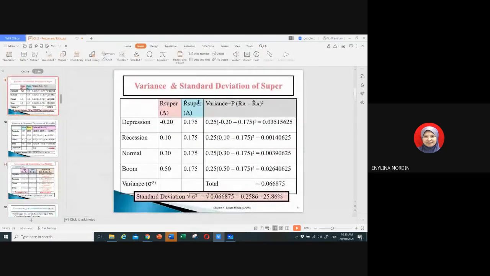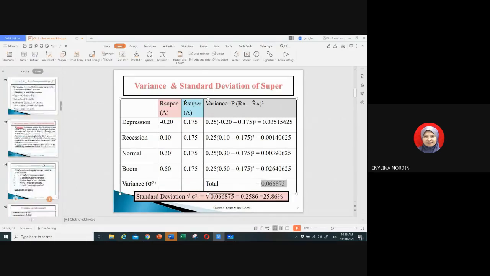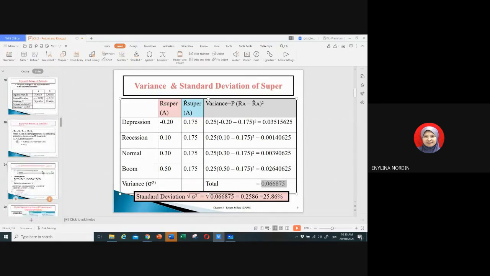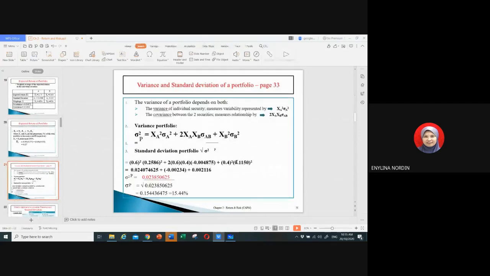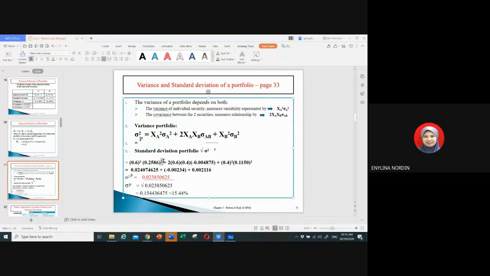Let's say the variance of stock A here, you got 0.0666875. So you simply take this figure and substitute into this formula. Instead of 0.2586, you take its variance. So no need to square because it's already squared.